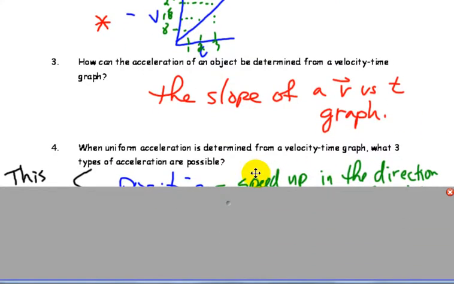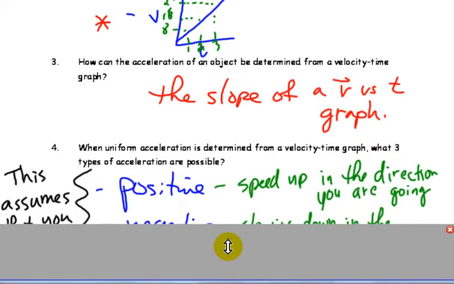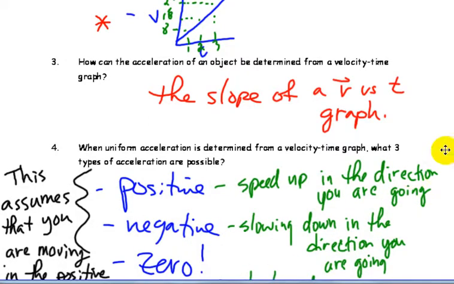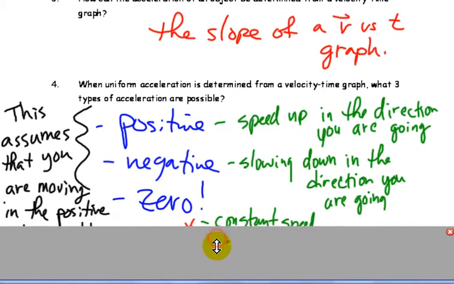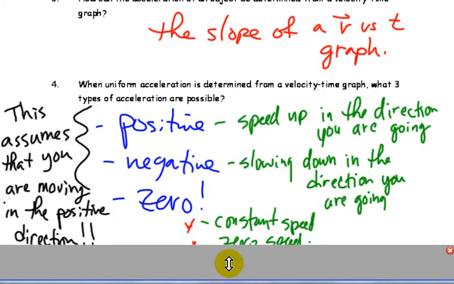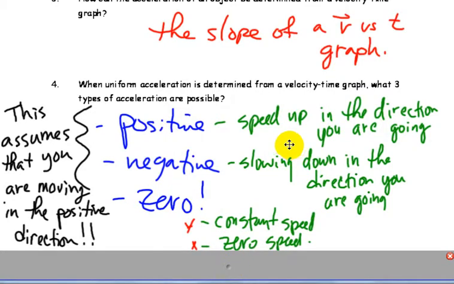Of course, if we look at that, there are 3 possibilities. If we're moving in a positive direction, that's one assumption I say here. If we get a positive slope, that means the acceleration is working with us. If we're moving in the positive direction and we have a positive slope, that means we're speeding up in the direction we're going.